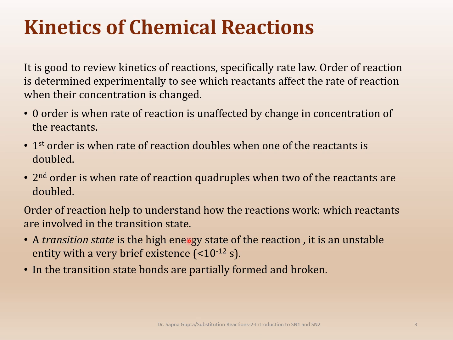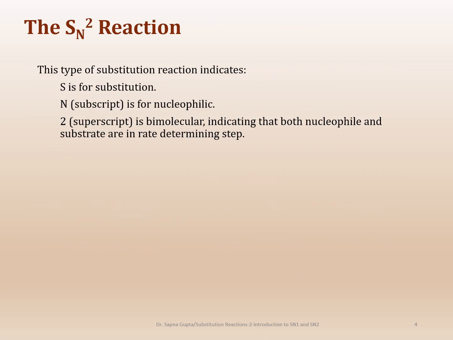Once you have that much energy, then your product is kind of a guarantee. The nature of the transition state will tell you what kind of product you're going to get. It also tells you what kind of reactants are involved in that transition state. So it's a really important part of chemical reactions.